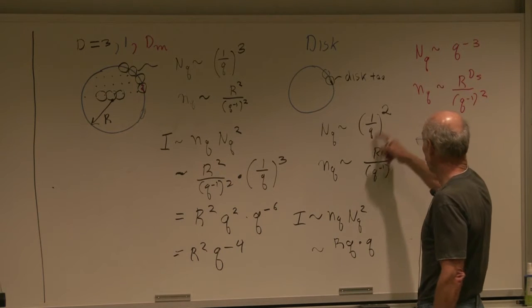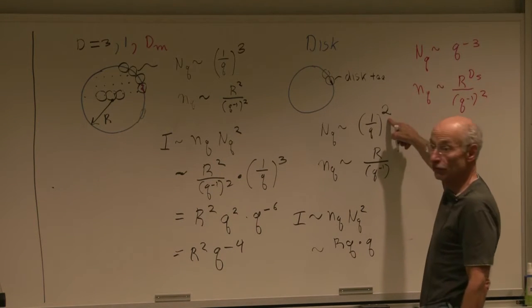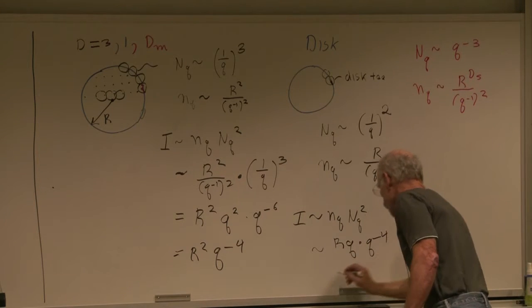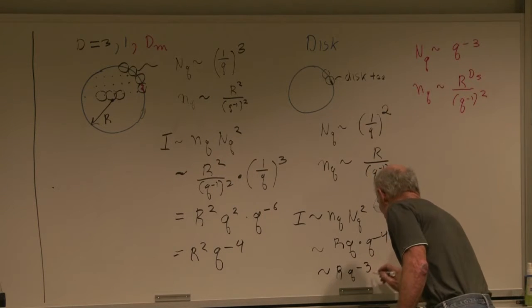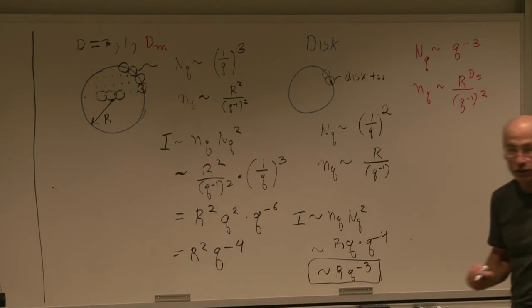Ooh, I got to square this, right? It's already squared once. When I square it again, I'll get a 4th power, minus 4, so I end up with R, Q to the minus 3, which in fact is correct.